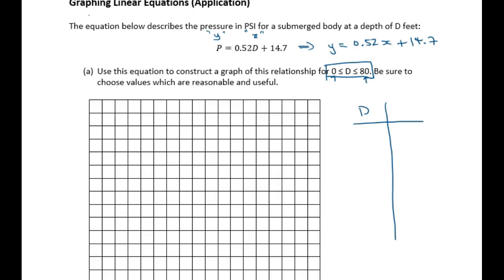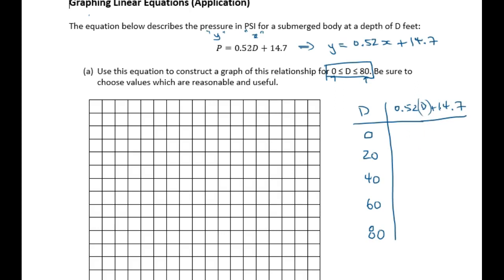So I'm going to choose 0 as my lowest value and go up by 20: 20, 40, 60, and 80. I can't really go beyond that because my constraints are 0 and 80. I'm going to make sure that those two are both in there, and then I can substitute into my formula: 0.52 times depth plus 14.7.